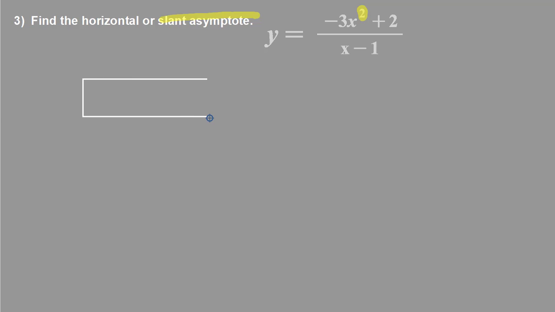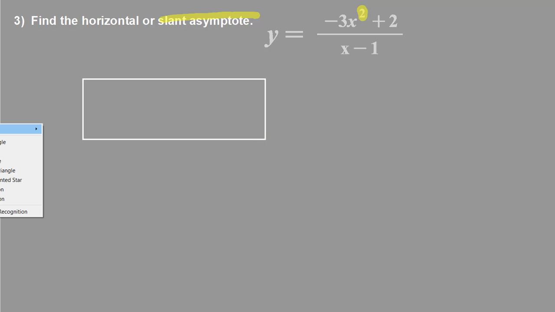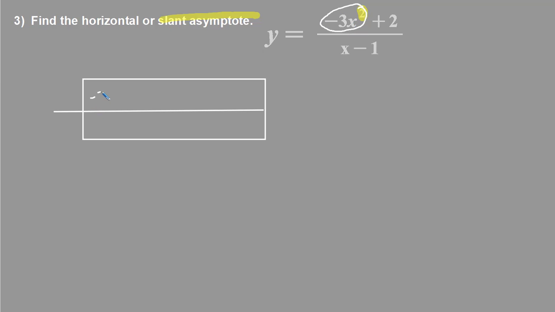So we're going to use our box to help us divide. We have this negative 3x squared is going to go here, and our x minus 1 goes here.